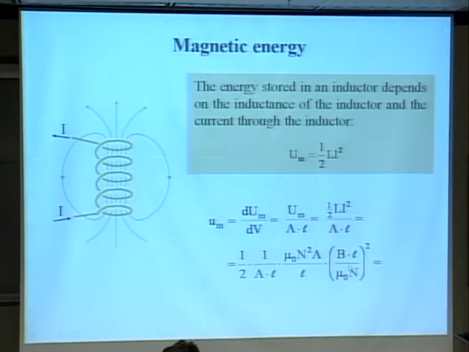Yes, I can recognize that I have the number of loops per unit length of the solenoid, the permeability of free space, and the magnetic field. So this expression represents the relationship between current and magnetic field, or I express current in terms of magnetic field strength.